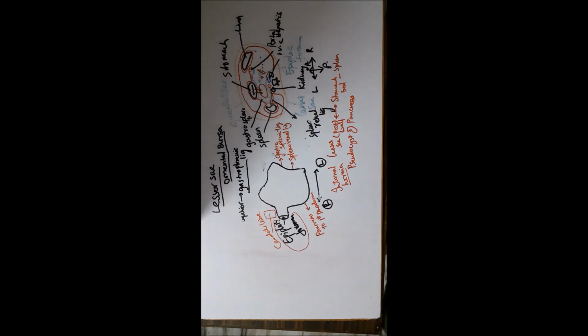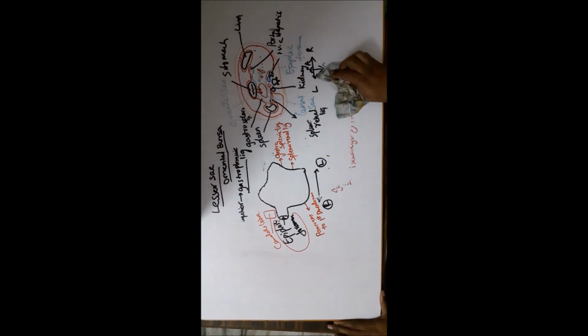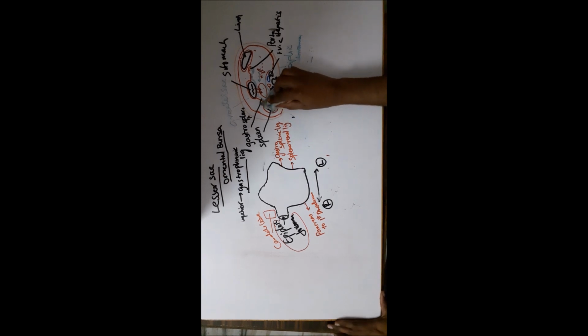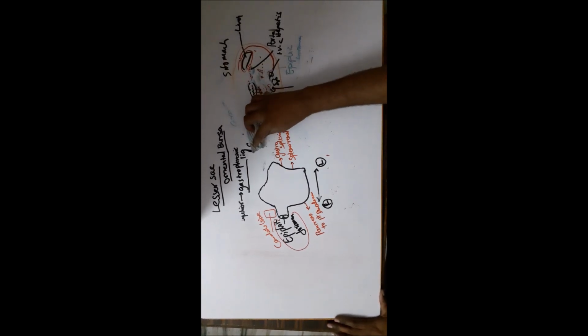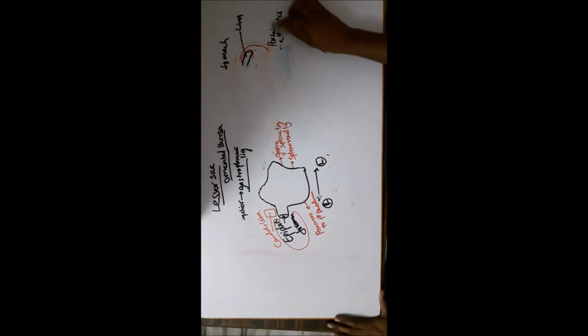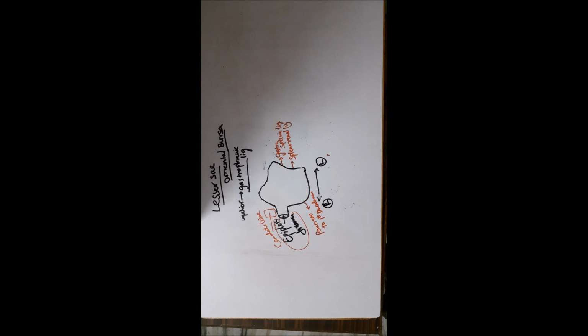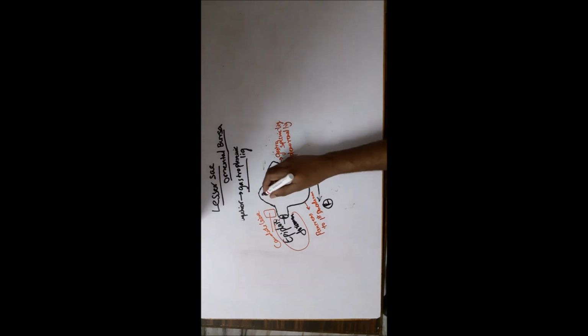Then the next important thing is the epiploic foramen. What is this epiploic foramen? It is nothing but a communication, an opening in the right margin of the lesser sac. Before that, we'll finish off the parts of this lesser sac in this diagram. Apart from this, we have two folds here.